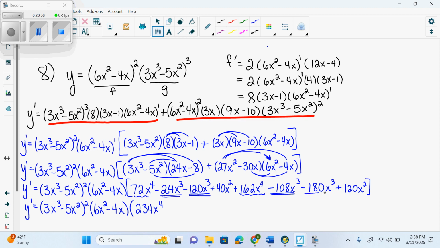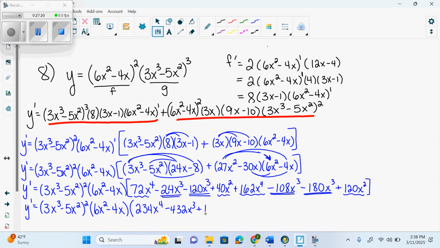Oh gosh, my brain. 252, 432, negative. What do we get? My brain just forgot what I just said. Negative 432x cubed.